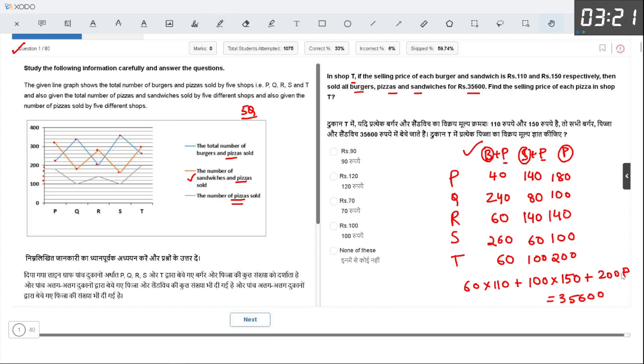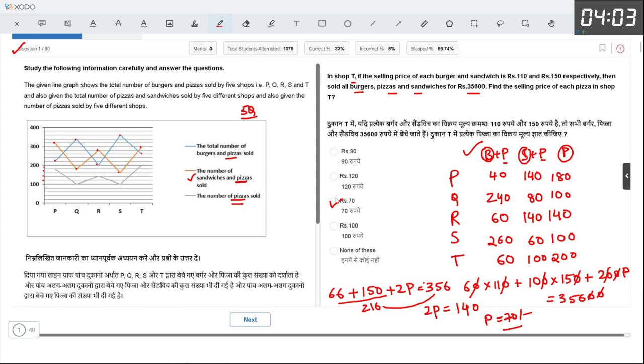So don't multiply all these things, the zeros cancel. That means 66 plus 150 plus 2 into pizzas is equal to 356. This will become 216. We subtract from 356, 2p becomes 140. So each pizza costs 70 rupees. So this is the answer.